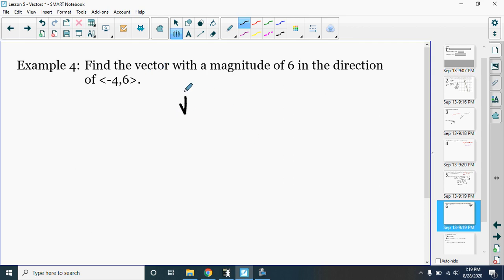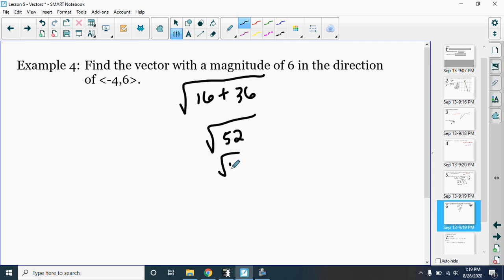Again, we use the Pythagorean theorem here, square root of a squared plus b squared. What is that, 52? 4 times 13. So the magnitude of this given vector is 2 root 13.